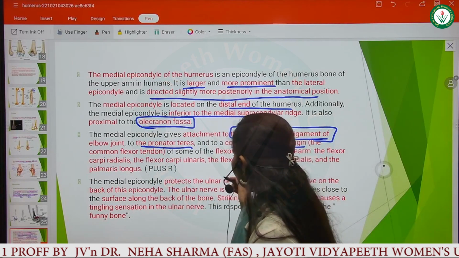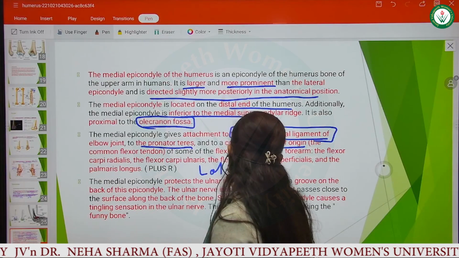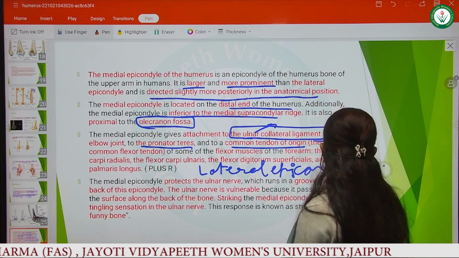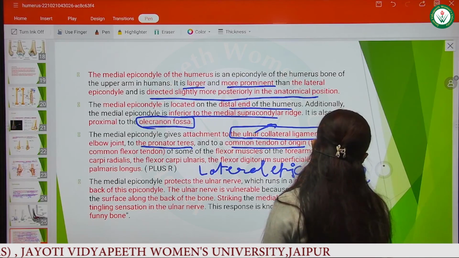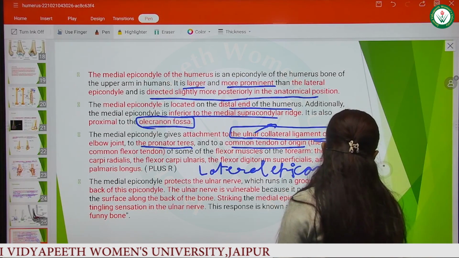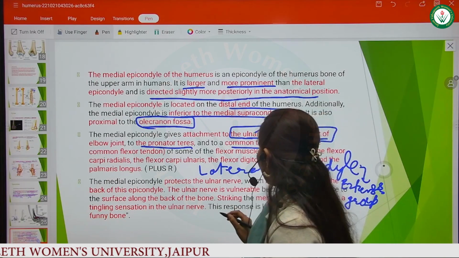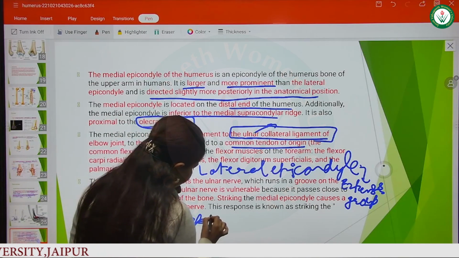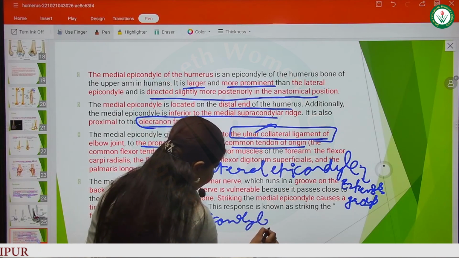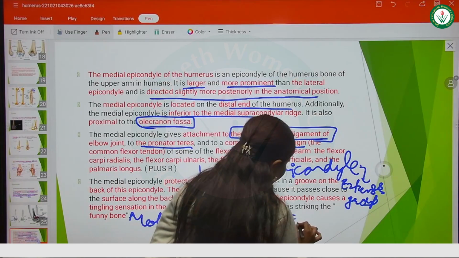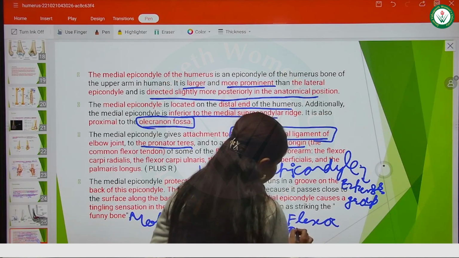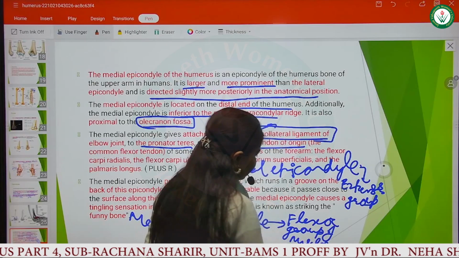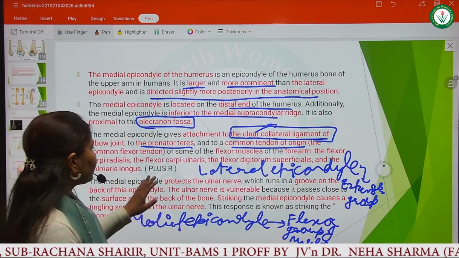So the lateral epicondyle gives attachment to the extensor group, and the medial epicondyle gives attachment to the flexor group of muscles.